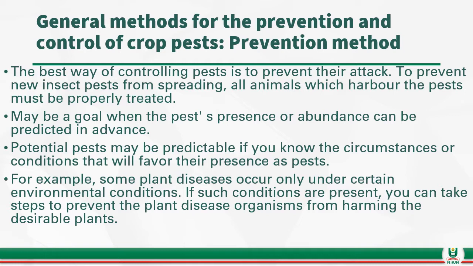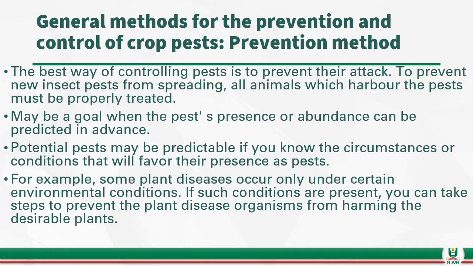And pest presence is also an abundance of whatever you predict in advance. When the pest presence is in abundance, that is, how much a pest is in a particular place, that is what makes you prepare for the prevention method that you use.